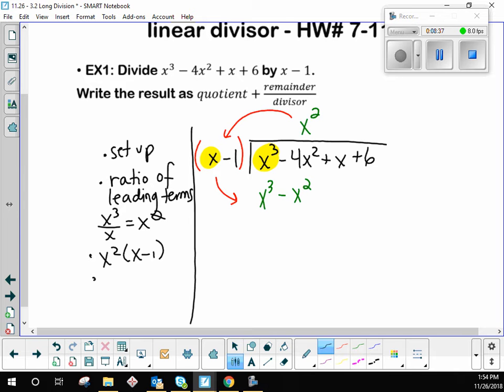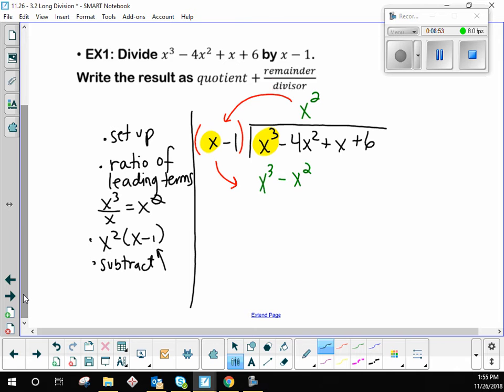And in our number problem, that step was 9 times 5 is 45. What did I do with that 45 then? I subtracted it. And I have to subtract this thing right here. So subtract that. But let's talk about what it means to subtract something that has 2 parts to it. Subtracting this means I'm subtracting all of it.